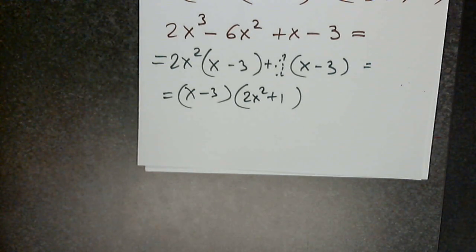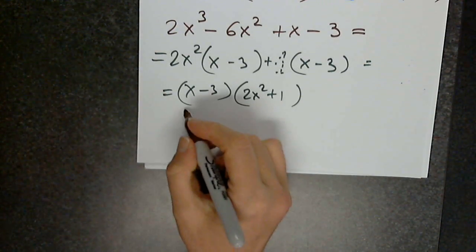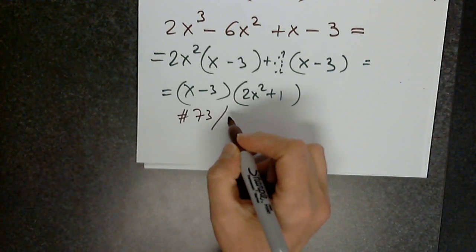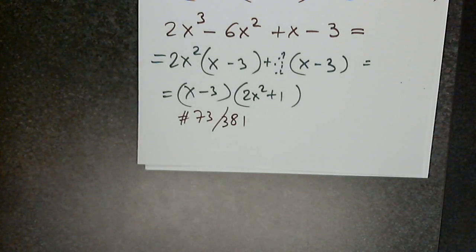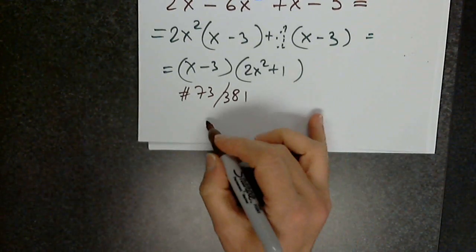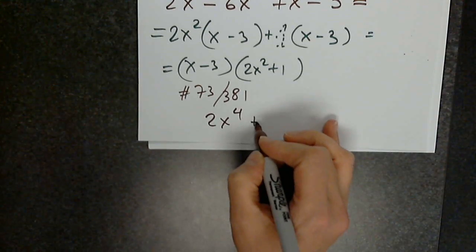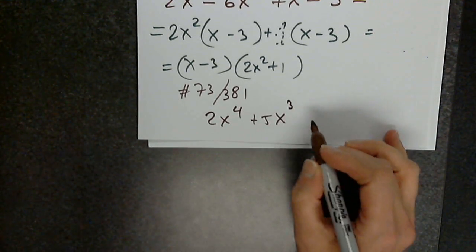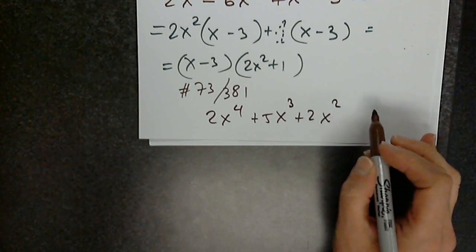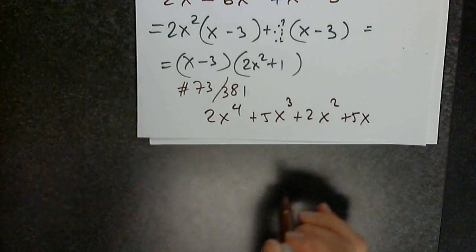So now allow me just to choose a couple of problems and then we'll stop. Let's say 73, on page 381. So 2x to the fourth plus 5x cubed plus 2x squared plus 5x.